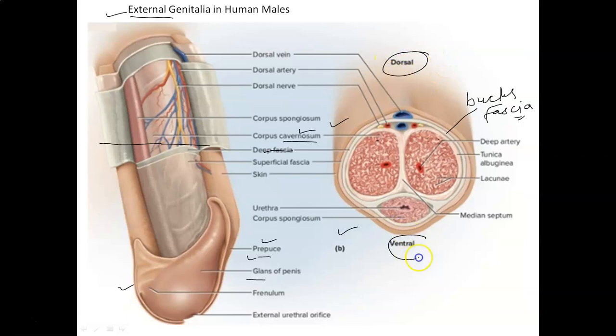Here you can see that this one on the ventral side is single and smaller, that is the corpus spongiosum, and on the opposite side are the 2 corpora cavernosa. So corpus cavernosa are 2 in number, and corpus spongiosum, which is ventral, is 1 in number.